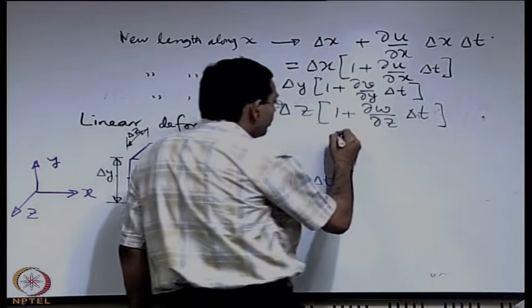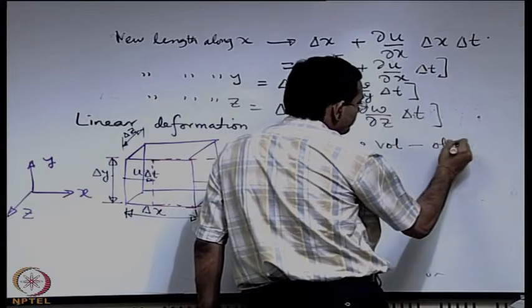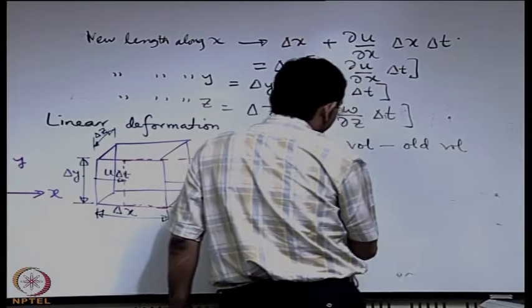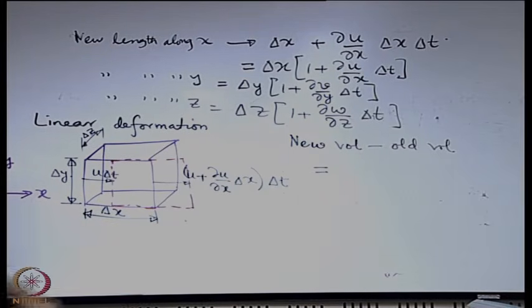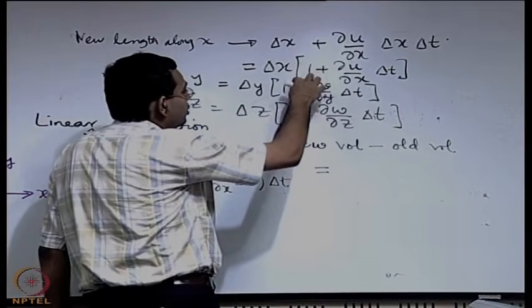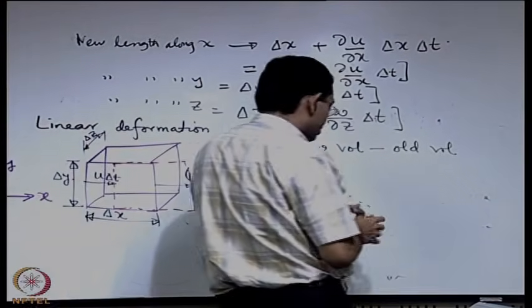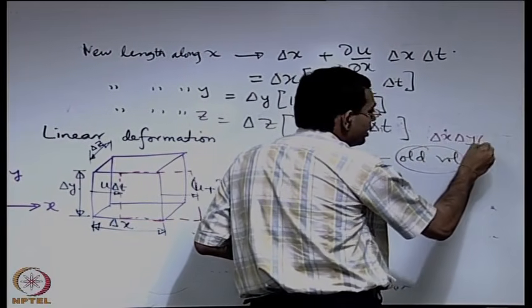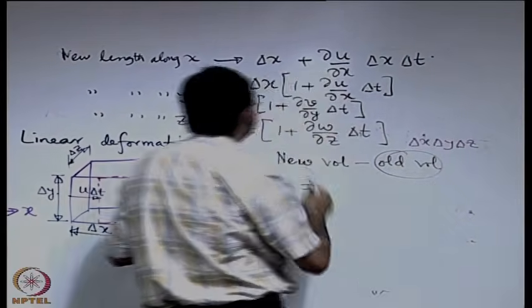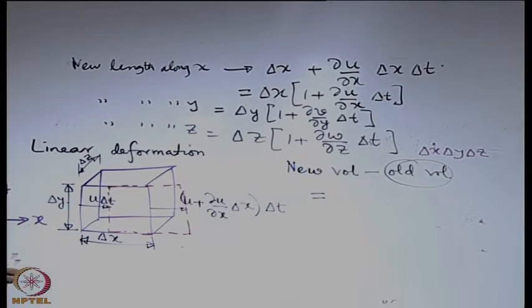So what is the new volume minus the old volume? Yes. So what you have to do, you have to find out the product of these, then subtract the old volume, that is delta x into delta y into delta z. You will see that the delta x into delta y into delta z term will go away, will get cancelled.